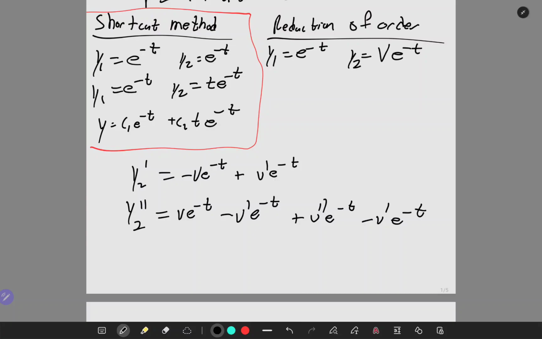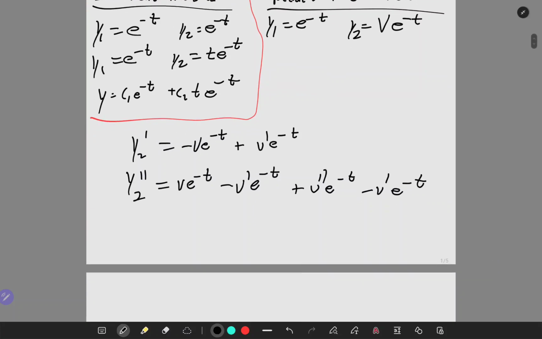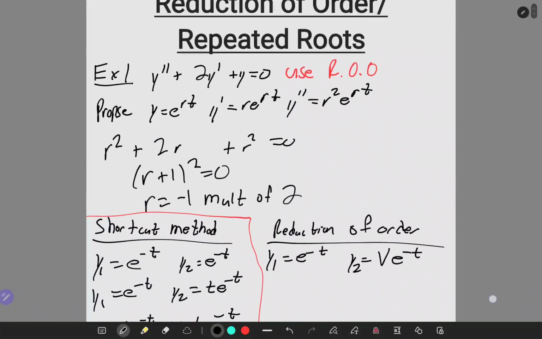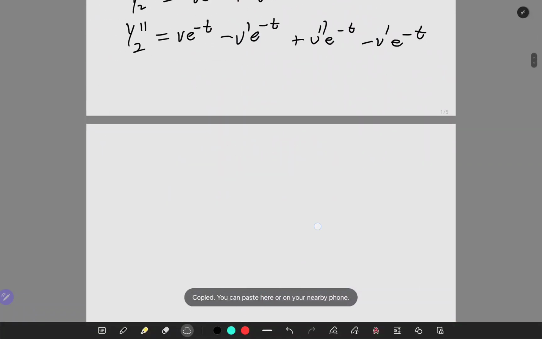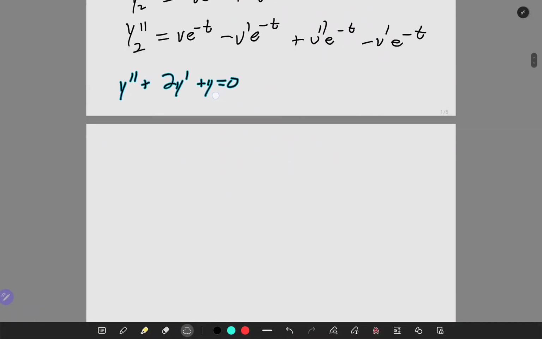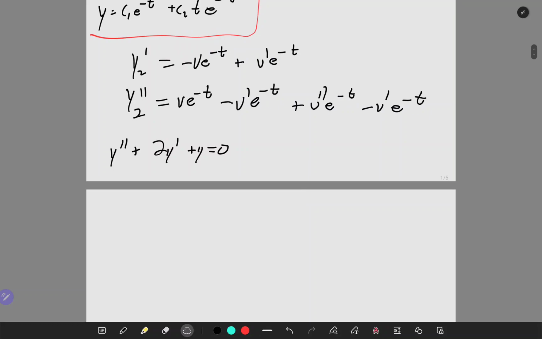Yep. Okay, so now what we're going to do is take our original equation. Let me copy this. Take our original equation, and we're going to plug in.